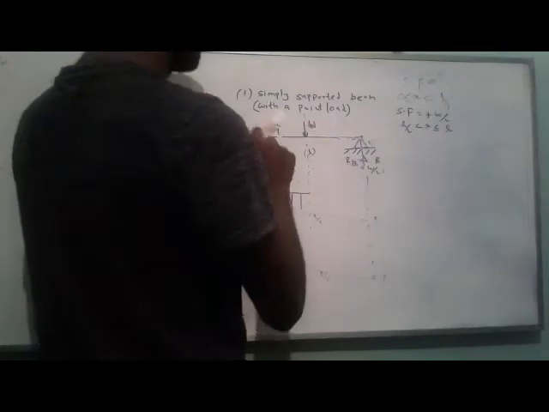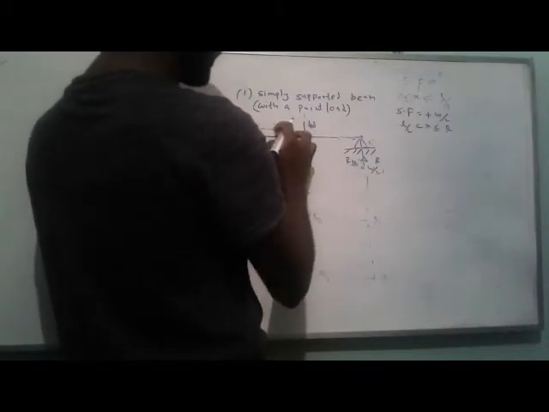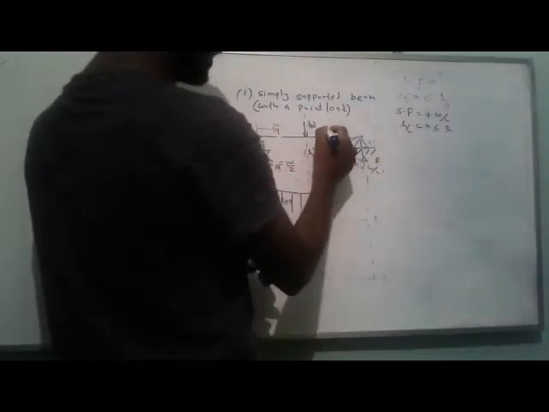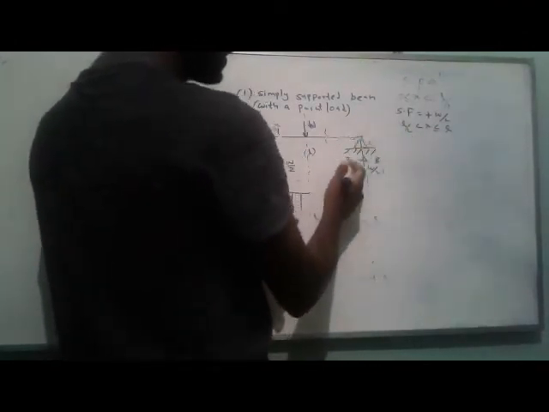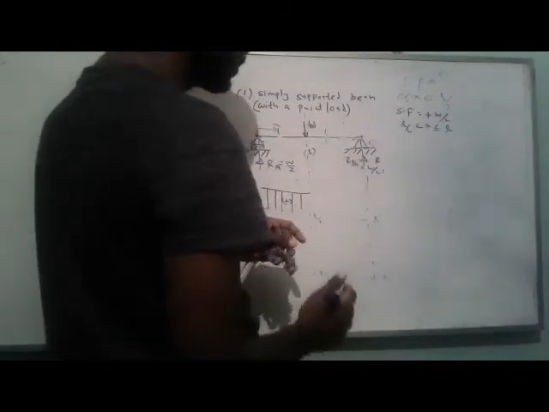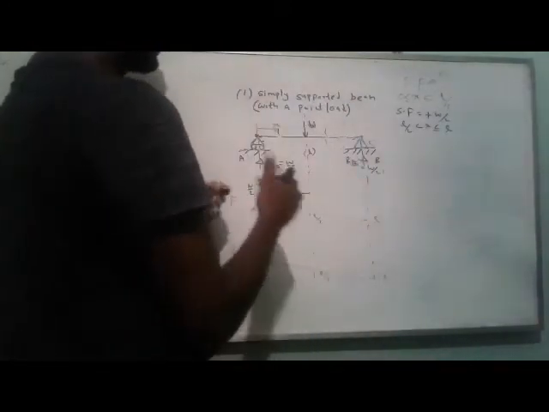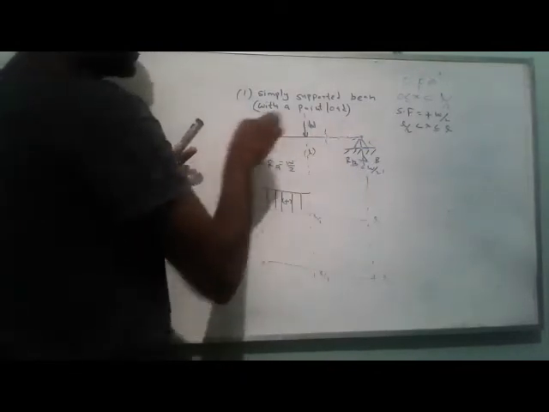So we consider this X from here to here. Now this X is greater than L over 2. This means the cutting point lies within this section. Therefore, you can consider the equilibrium of this section as well to find shear force and bending moment diagrams. But it is easy to consider this section because we measure X from here.